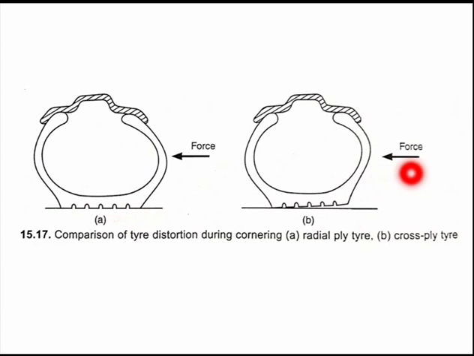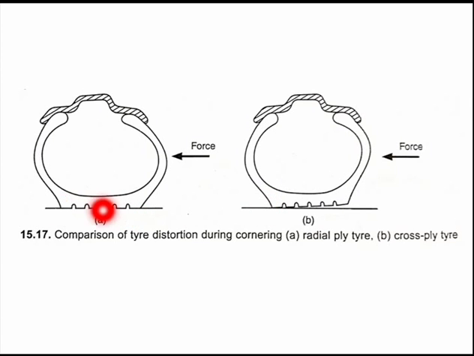But in the cross ply, when the force acts sideways during cornering, this side of the edge rises up and this side stays on the surface. So this part of the tire tread will get damaged easily, and the wear and tear is more on this side. But in the case of the radial ply, it is not like that.